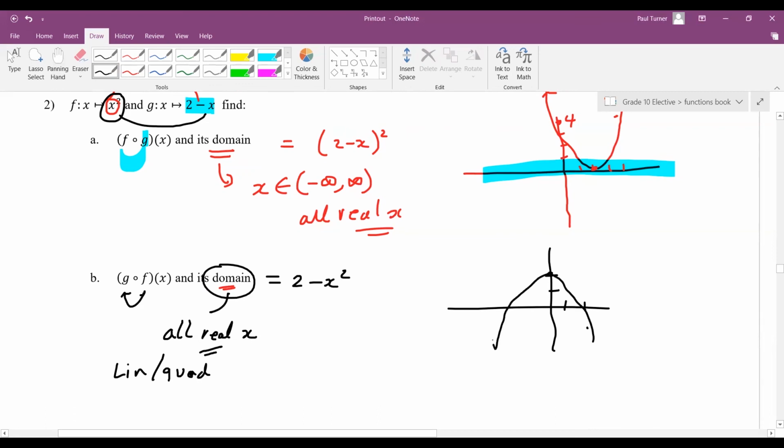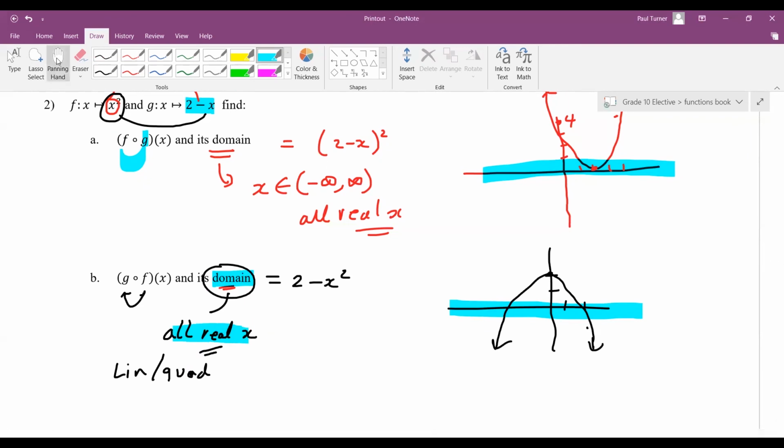It'll be like that somewhere. Okay, it's upside down. We're doing more on quadratics later. So this is obviously all real x. Okay, the graph will go in both directions to infinity. And the range is from 2 down. But I only want the domain, so all real x.